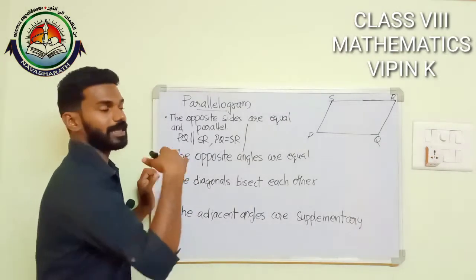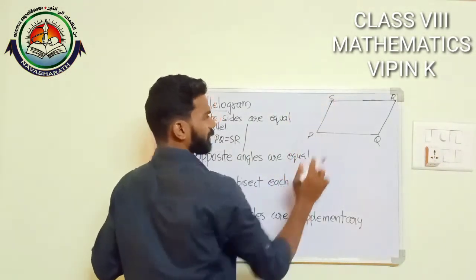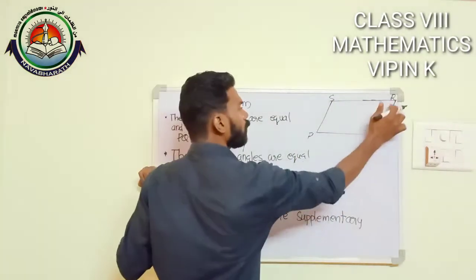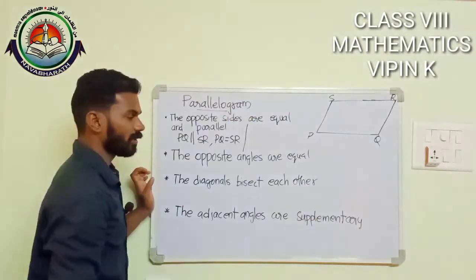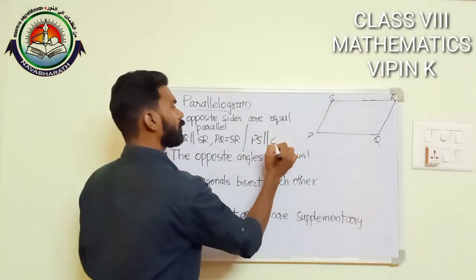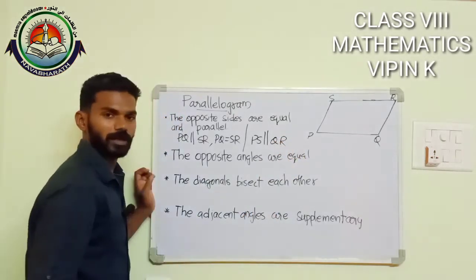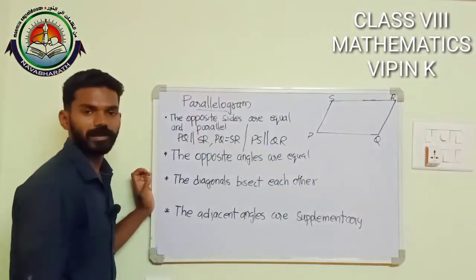Now, on the second pair of opposite sides, PS and QR, they are again parallel lines. So PS is parallel to QR, and again they are equal in length.